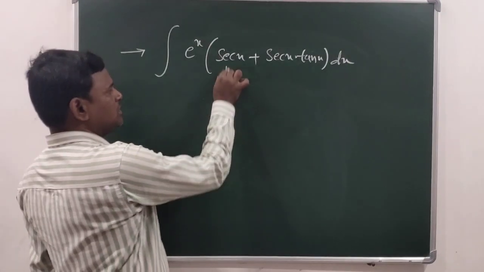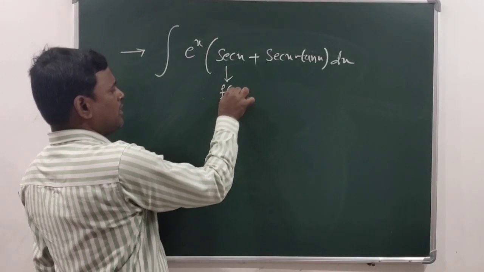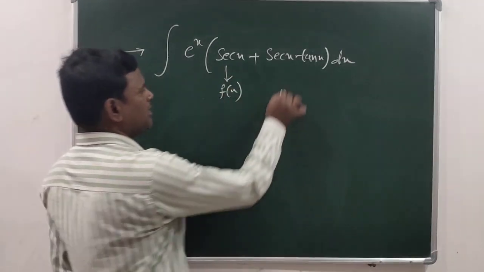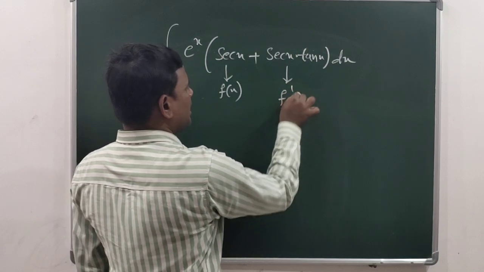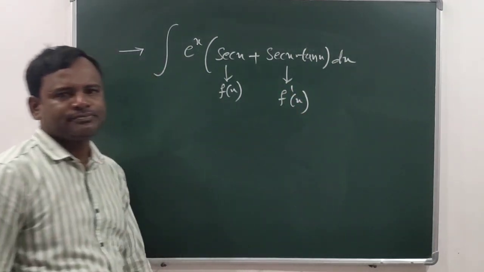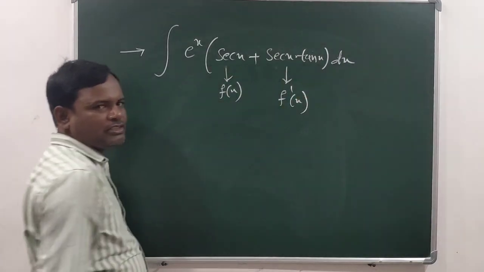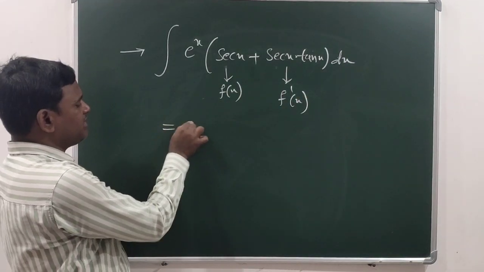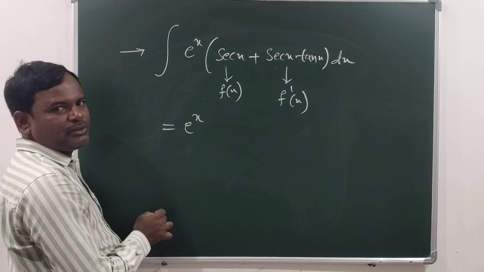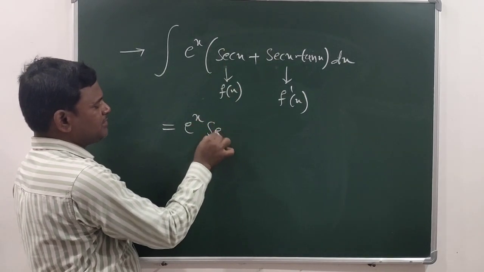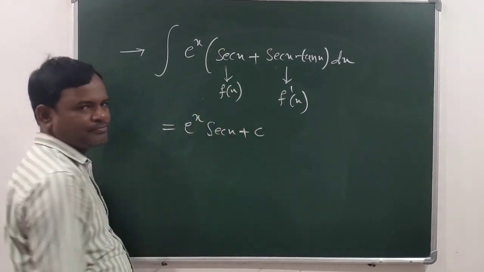Now in this application also, this would be considered as f of x, and this will be f dash of x. Differentiation of secant x is secant x into tan x. Hence whose integration will be e power x into secant x plus c.